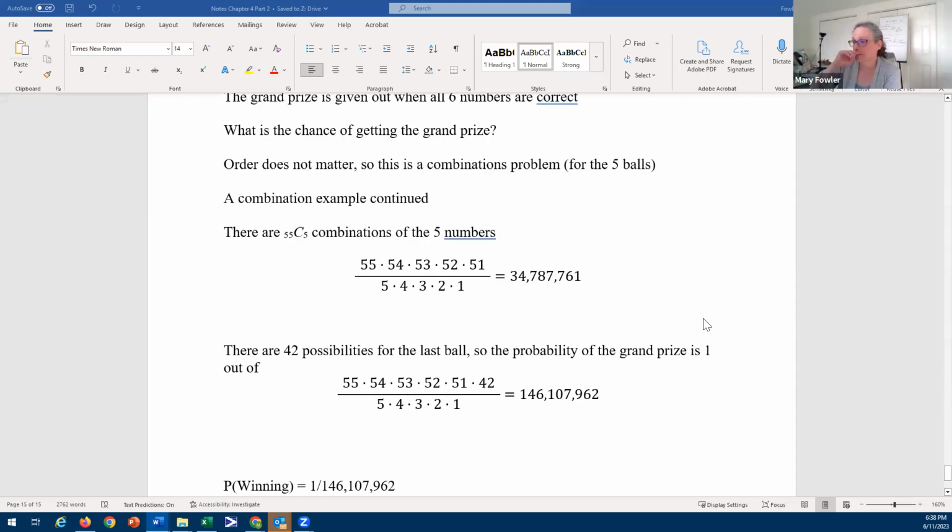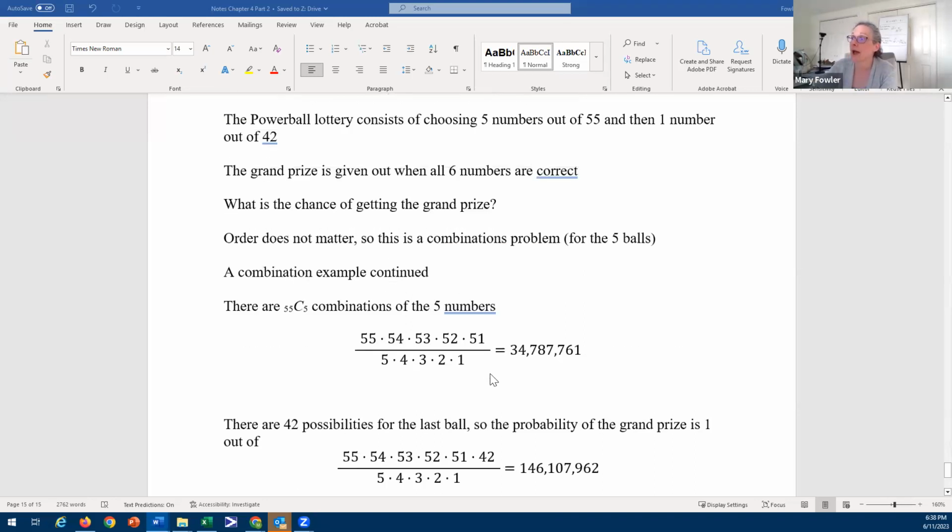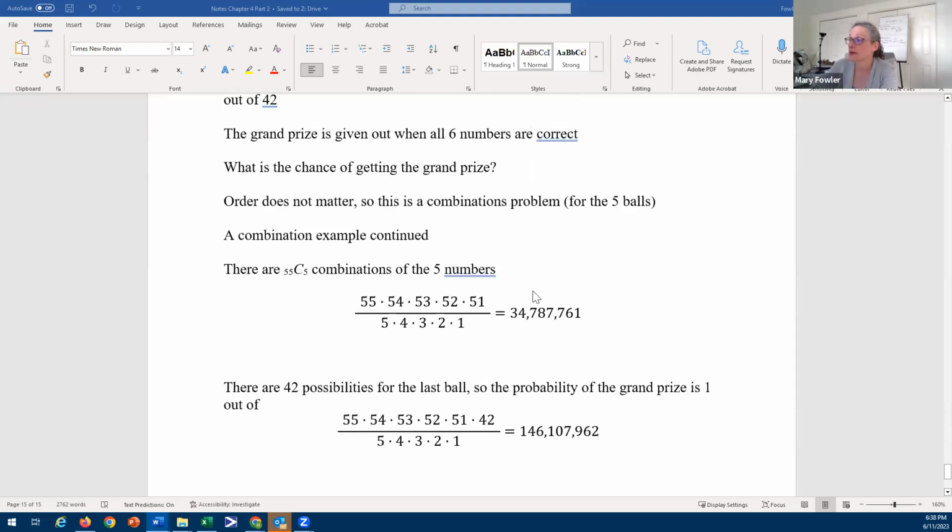And then there are 42 possibilities for the last ball. So you can choose any 1 out of 42 numbers. So the total number of possible outcomes in the Powerball lottery is going to be this number times 42.